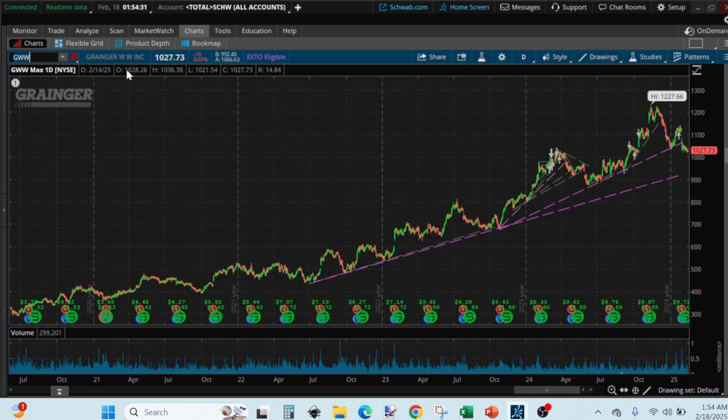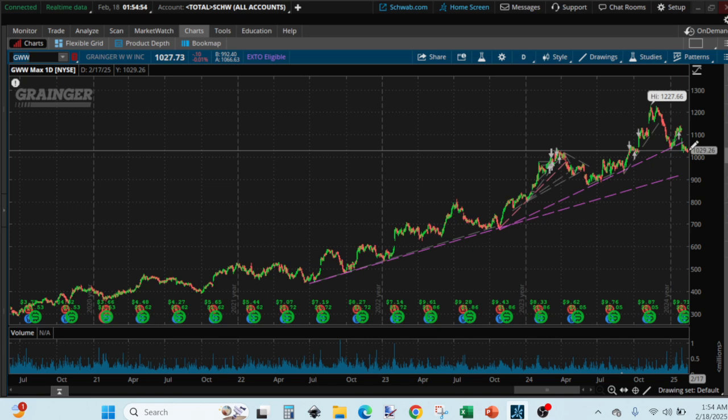So GWW, we have two lines that we like to buy at either one, and we purchased already the last time the market was open, which was Friday. No, it seems like the market was open yesterday as well.